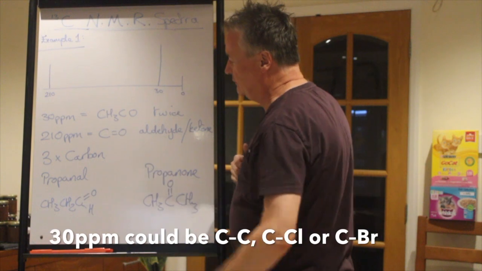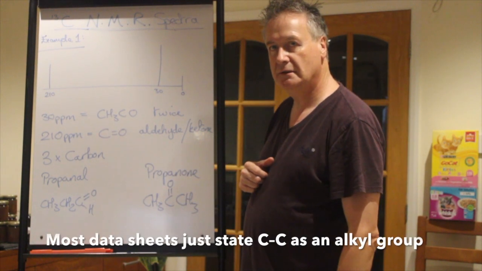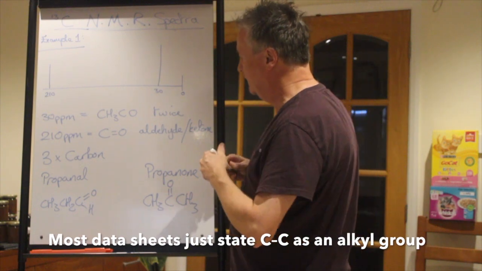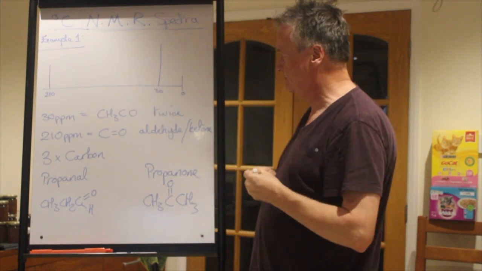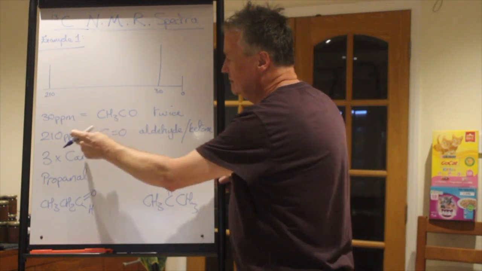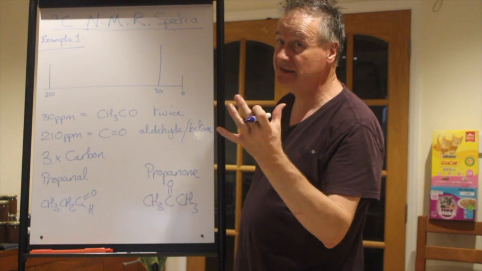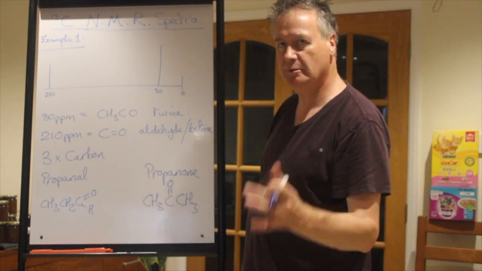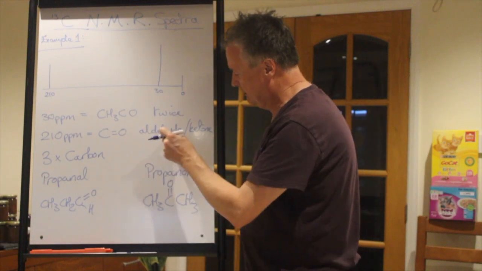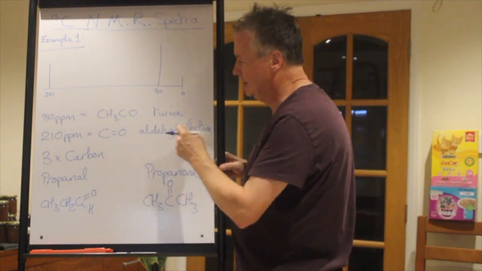And it's a CH3 group attached to a carbonyl, CO. And I've written twice there because it's twice the height of the other one. The other one is 210, and that represents, now it depends on your data sheet and which exam board you're talking about, some of them say just C double bond oxygen, others go aldehyde or ketone, depends on your exam course which one you're doing.